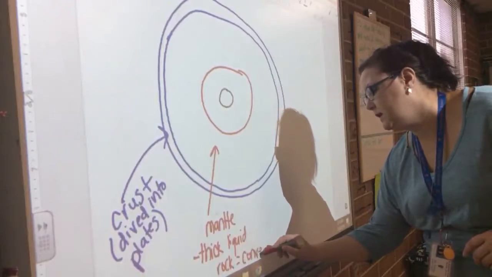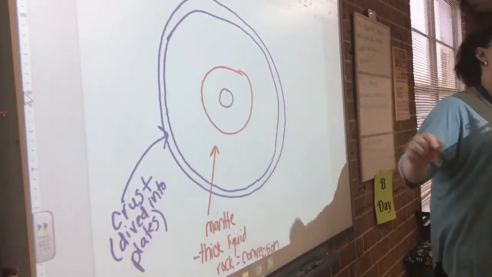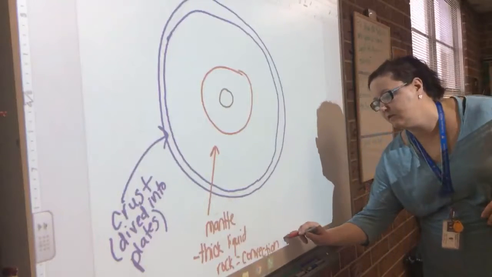And it's extremely hot, and it gets hotter the closer to the core that you get. So that's what causes our convection currents.